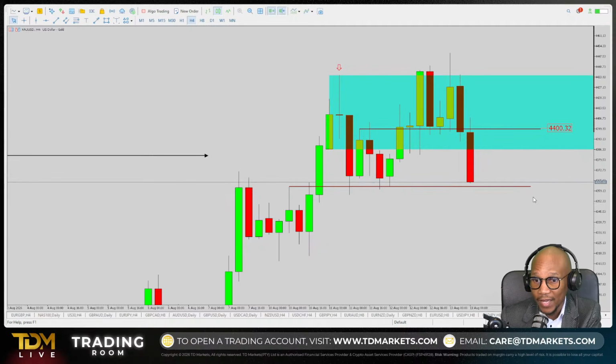Even if you don't have a physical stop loss order there, you must have a psychological stop loss order. Psychological: if price was to break this certain level, then I'll look to get out. So yeah, look for a stop loss before you execute the trade. Don't execute the trade and then figure out the stop loss after that, right? In the long run, that is going to work against you.